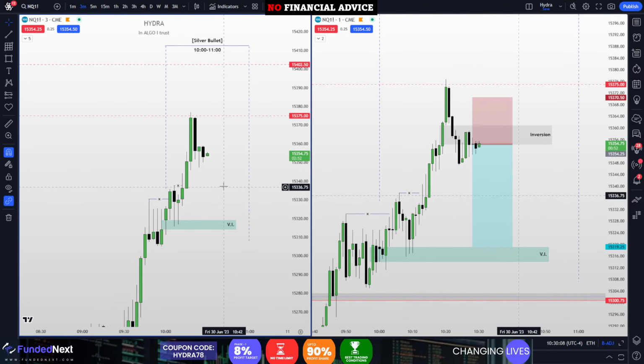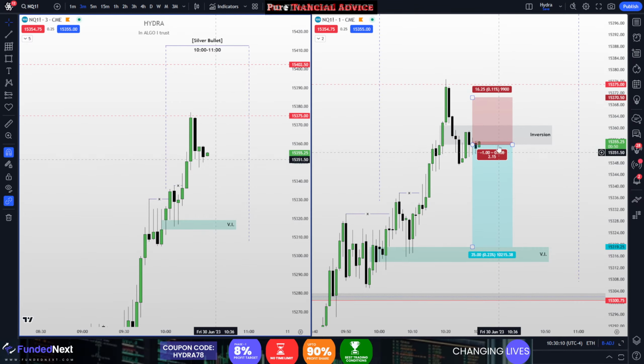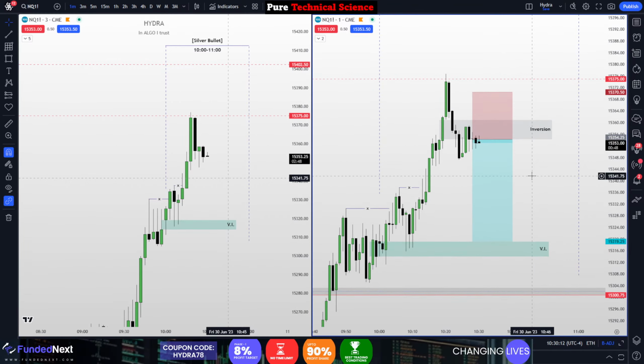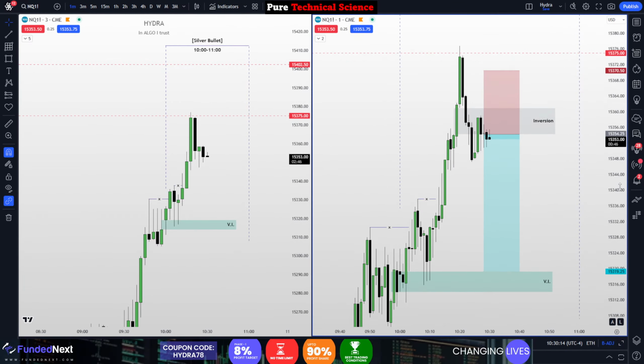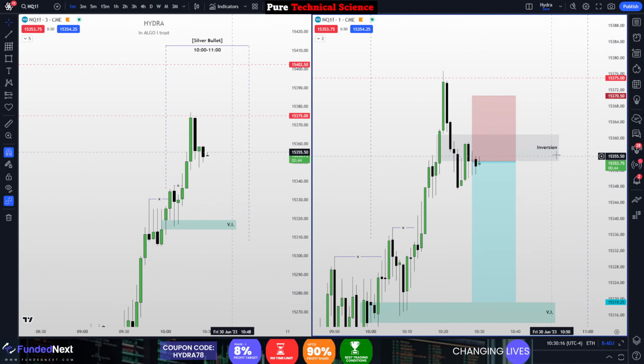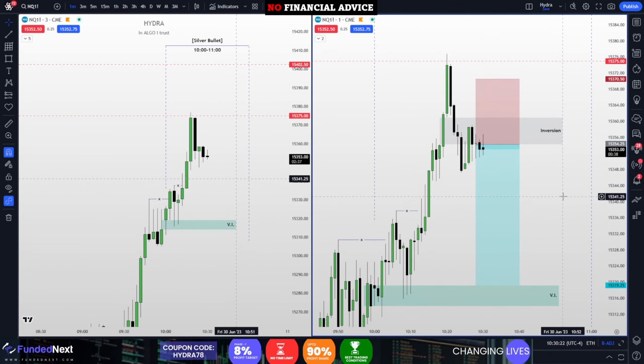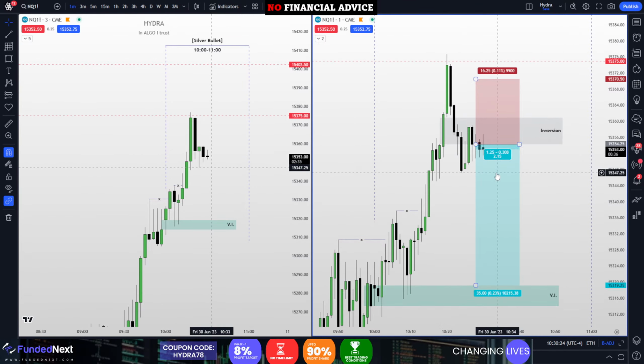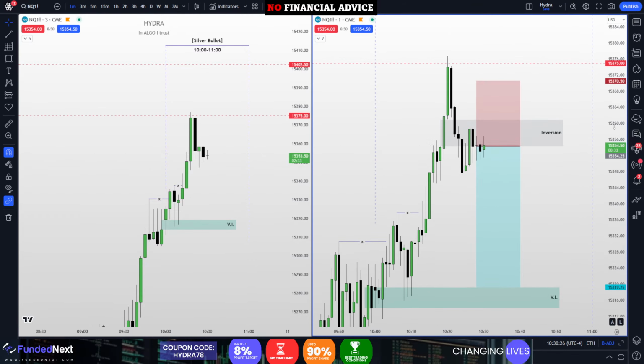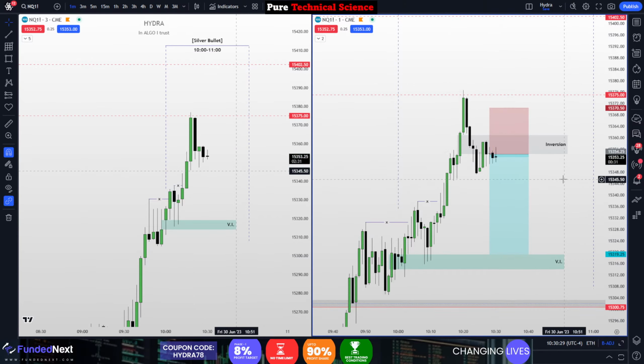So that gives me extra confidence in this setup, which I'm tape reading. And as you can see, this candle closed below this inversion. So by theory, I want to see price going lower. If it was not a trendy market, I would have pushed button here.